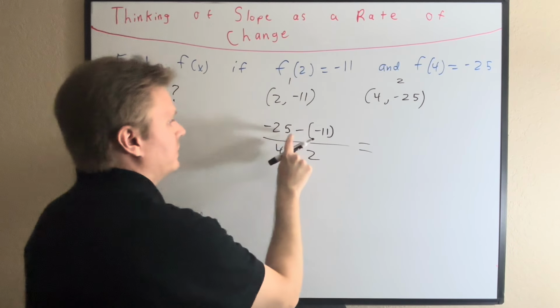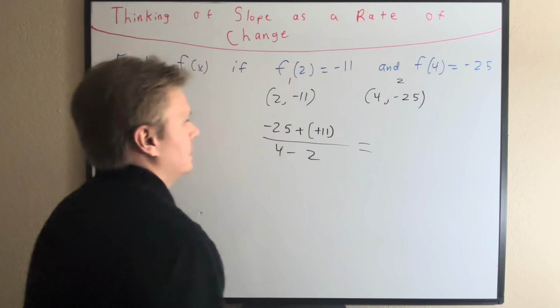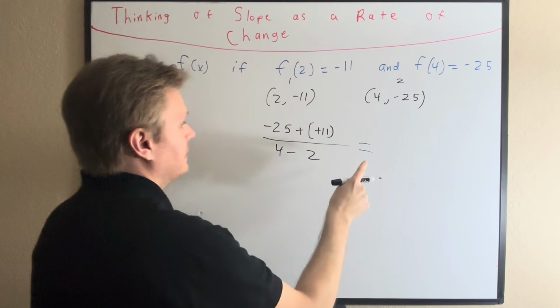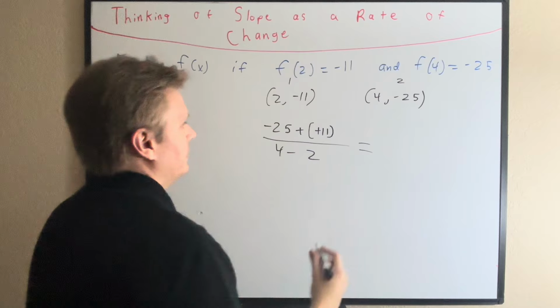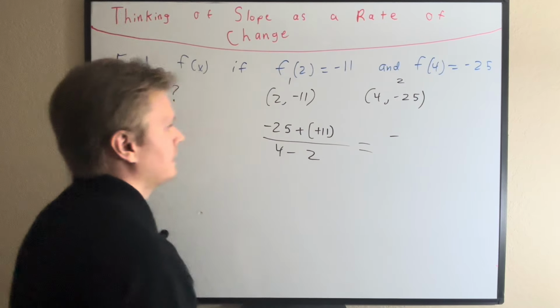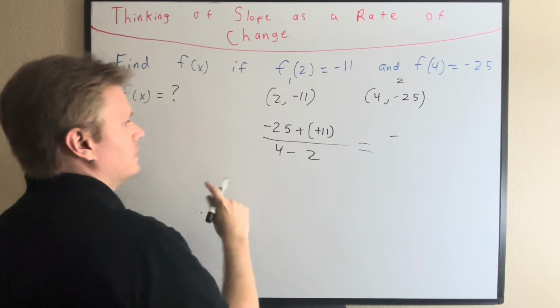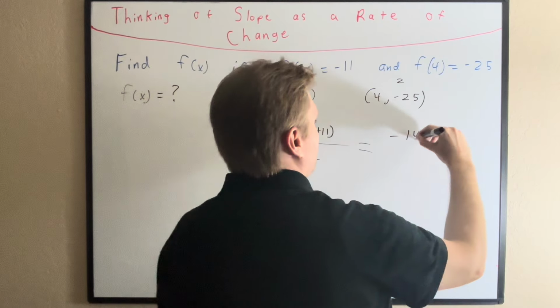Okay, negative 25 minus a negative 11. Doof. So it's really negative 25 plus 11, or positive 25 minus 11. But your answer is going to be negative for sure, because the larger number is negative, right? So what is that? That is negative 14.